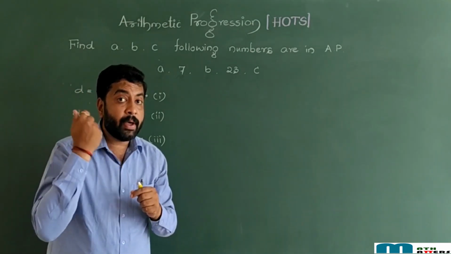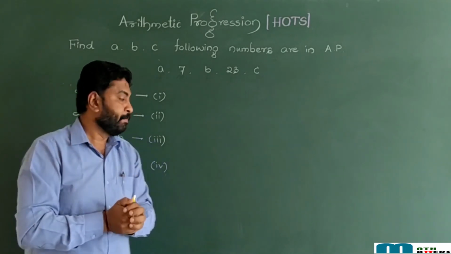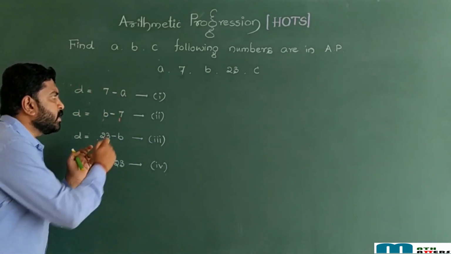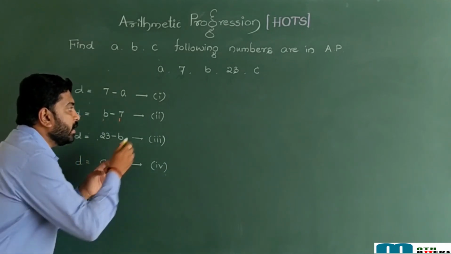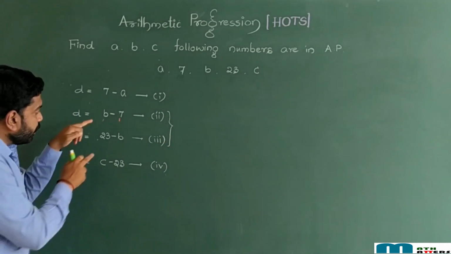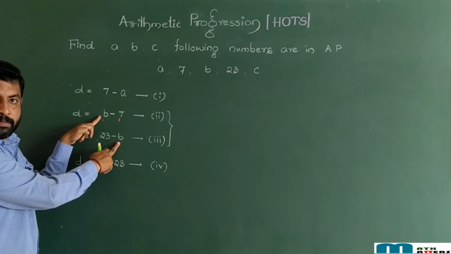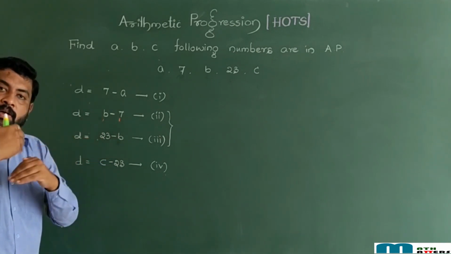But see how I am going to choose the equations to equate. Instead of equating the first and second, I will equate the second and third. The reason is that b is there in both, so I am going to equate these and directly get the value.